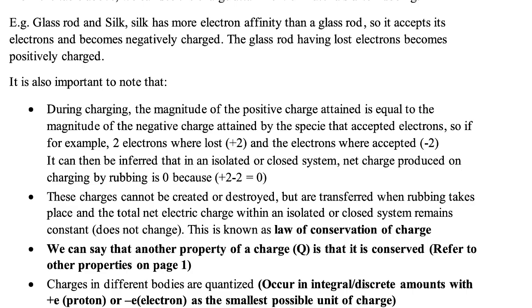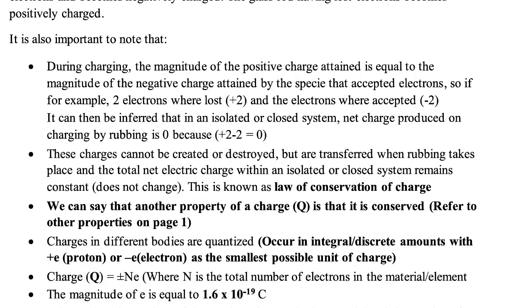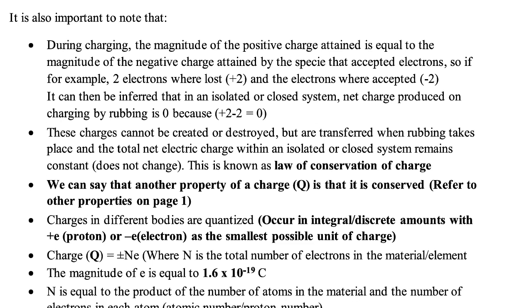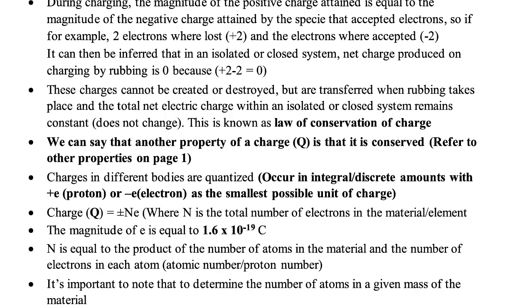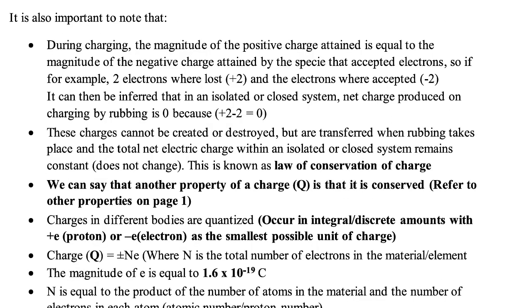Okay, so it's also important to note that during charging, the magnitude of the positive charge attained is equal to the magnitude of the negative charge attained by the species that accepted. Remember, when you accept, it's going to be negative, right? So if, for example, 2 electrons were lost, remember we say when a species loses electrons, it becomes positively charged.